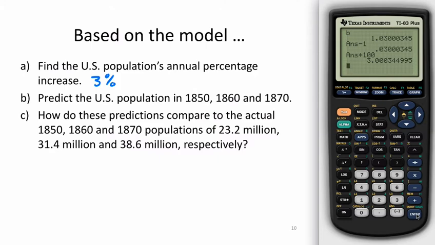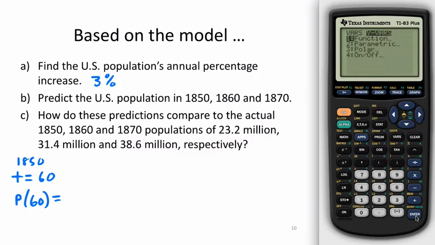So let's look at 1850. In 1850, the t-value, we're measuring from 1790, so that's a t-value of 60 years after 1790. P of 60 is equal to what? Well, let's plug 60 into our model, y1 of 60 on the calculator.